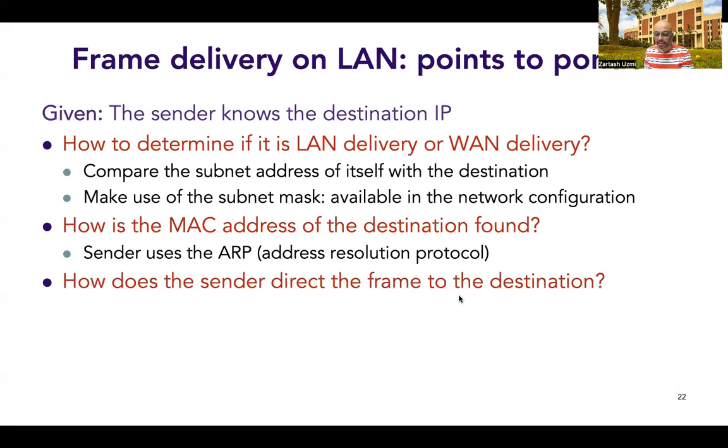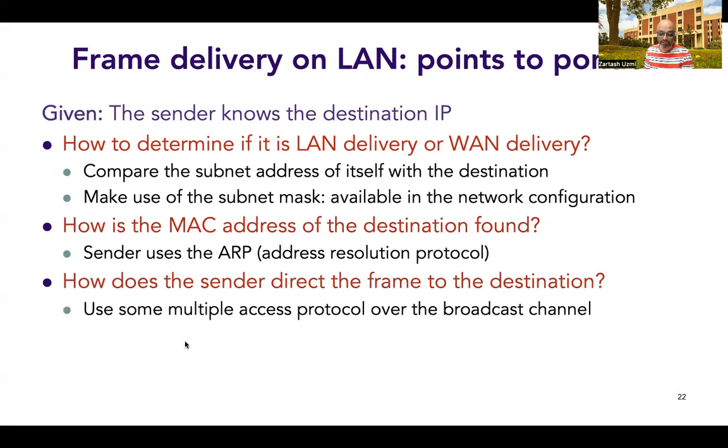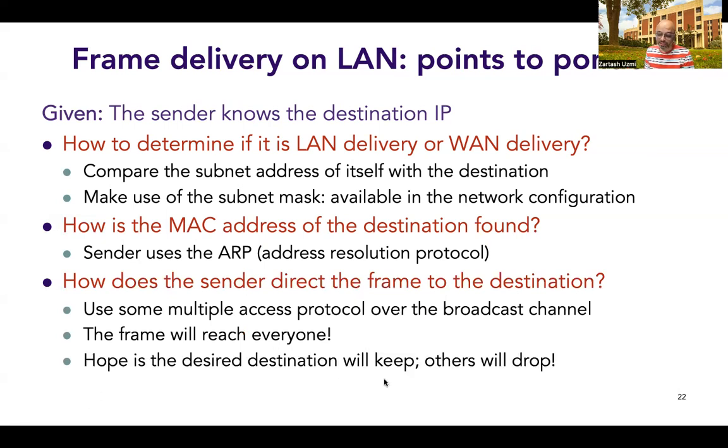So how does the sender direct the frame to the destination? What is the mode of delivery? Maybe there is some multiple access protocol over the broadcast channel. The frame is sent to everyone. I will just transmit the packet and everyone in my local area network will receive that frame. And the hope is that the desired destination, whether it was the router who was helping me deliver the packet to the WAN or the destination on my LAN, whoever is the true destination, hopefully they will keep the packet for their own processing, and others will not keep it.